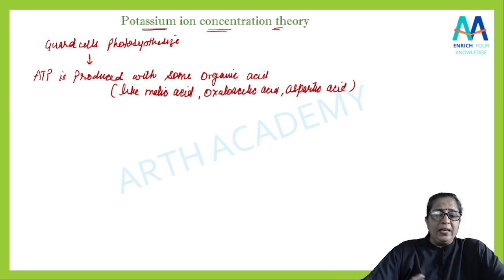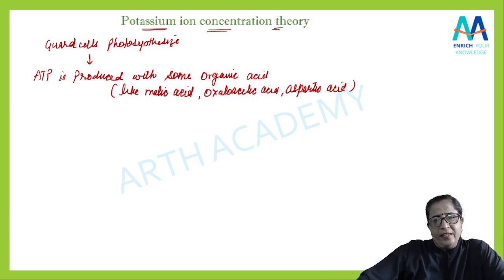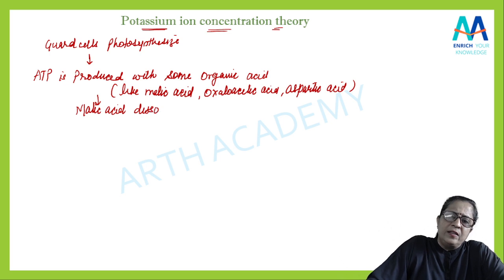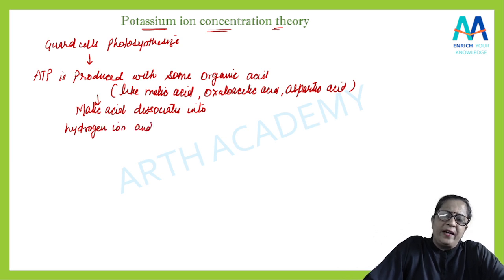अब ये जो मैलिक एसिड है, ये जो एसिड्स बनेंगी, they will dissociate. Here I can write that this malic acid बाद में डिसोसिएट होता है. किसमें डिसोसिएट होगा? It will dissociate into hydrogen ion and malate ion.